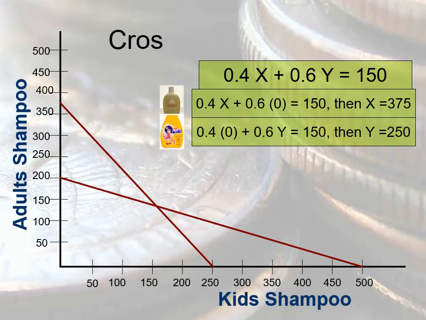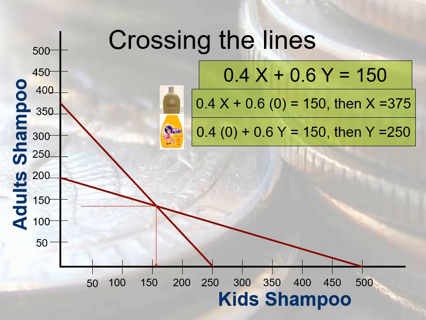We look now at the crossing point between the two lines, and we draw an arrow down to the kids shampoo, and this will give the maximum production of kids shampoo that will provide the maximum profit. And if we draw another line from the crossing point to the adult shampoo, we will find the maximum production of adult shampoo that will provide the maximum profitability. Please note that these numbers should exactly match what we calculated earlier with equations.